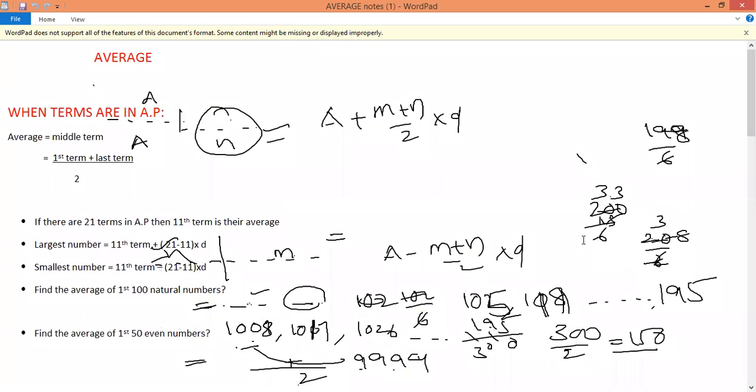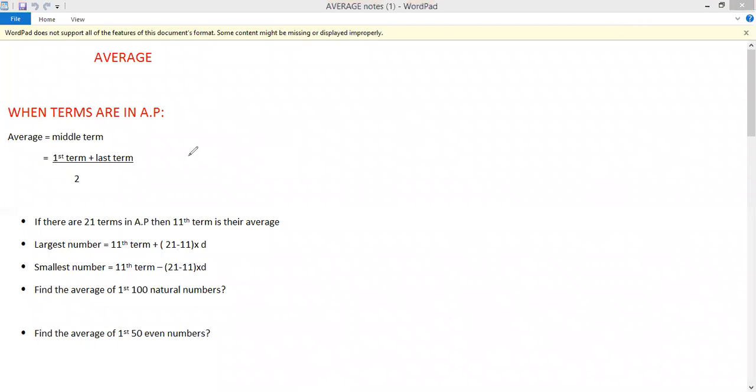Okay. Here we have seen that the numbers are in AP. The middle term is the average term. First plus last by 2 is the average. Suppose 21 numbers are there. What is the average? The 11th term, that is (21 plus 1) by 2. The 11th term is the average term. If you want the largest number, from the 11th term, which is the average term, we have to go to the right side.